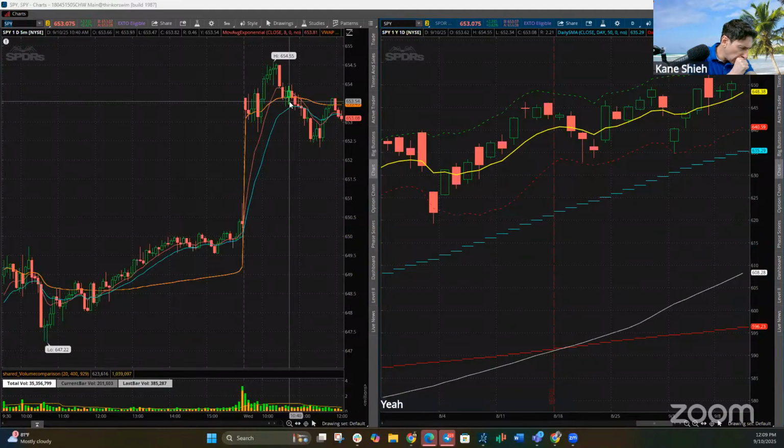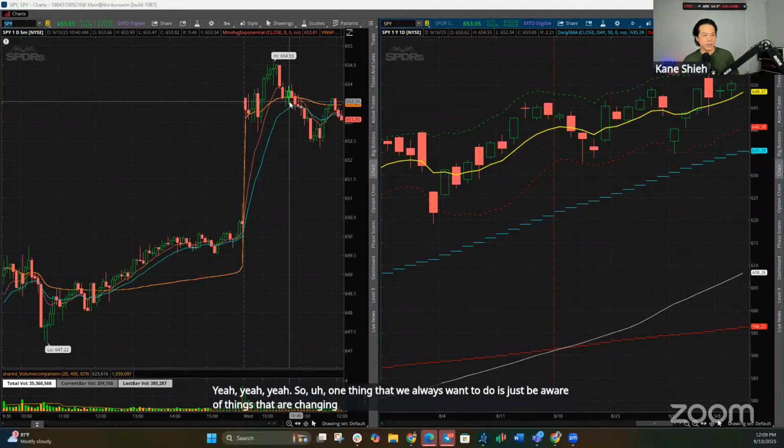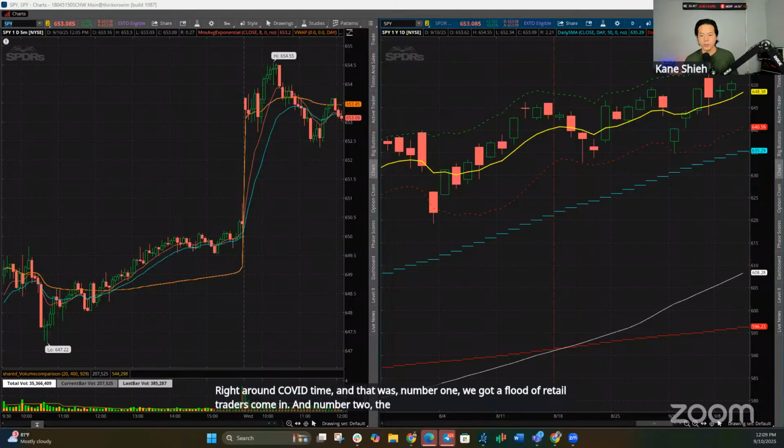One thing we always want to do is be aware of things that are changing in the markets. Something really big happened right around COVID time. Number one, we got a flood of retail traders. And number two, the options market started slowly gaining a lot of ground on the stock market.